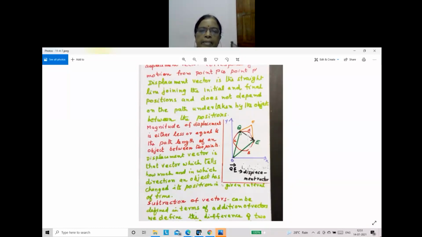When the body moves along this straight line, distance and displacement are equal. In all other cases, the distance is more than the displacement.